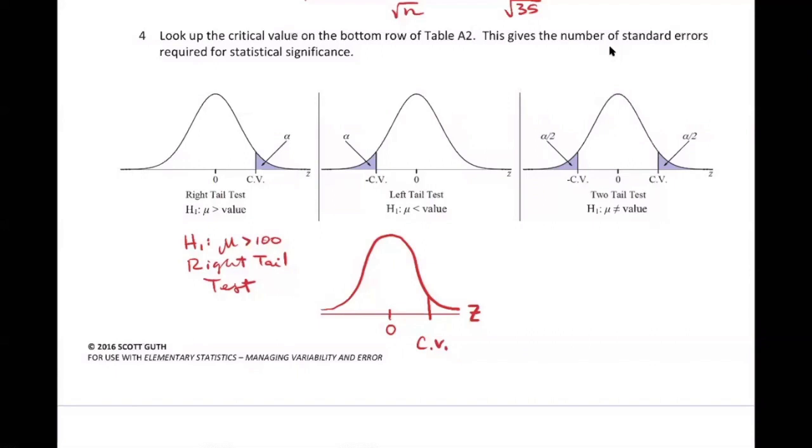I'll draw a little picture of that. So 1.751 standard errors is considered statistically significant.